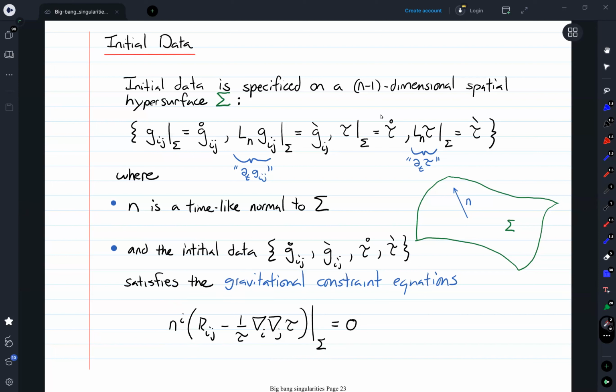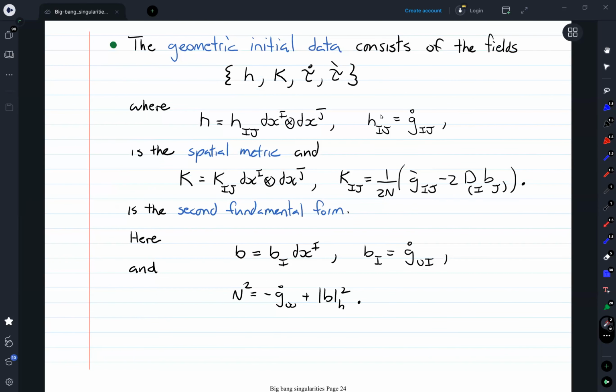All right, so once we've specified our initial data, then, well, what we do is not all that initial data is of interest, because only the stuff that satisfies the gravitational constraints turns out to be important. Okay, and I will give that stuff a name, and that's called the geometric initial data. So out of all of the initial data, I can locate some subset of the data.